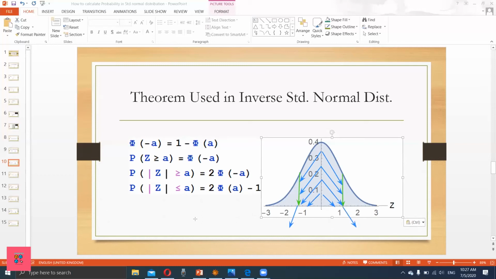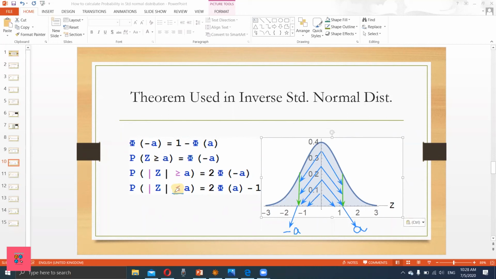For example, I will write it here: this point is minus a and this point is a, and the shaded area is between these 2 points because here is the sign of less than. Whenever there is a less than sign, you must shade between. I am highlighting this less than sign. So you should color or shade the area between these 2 points.